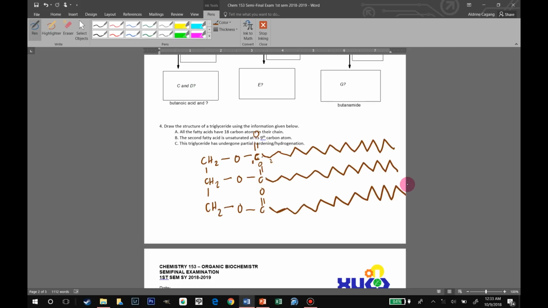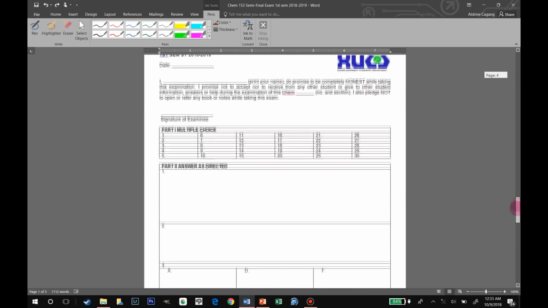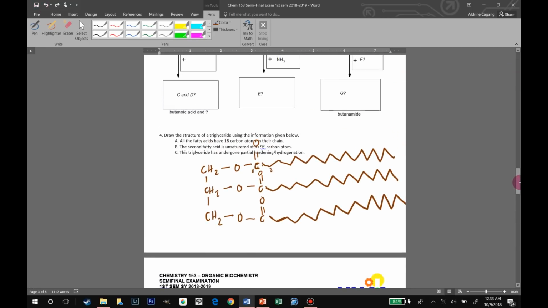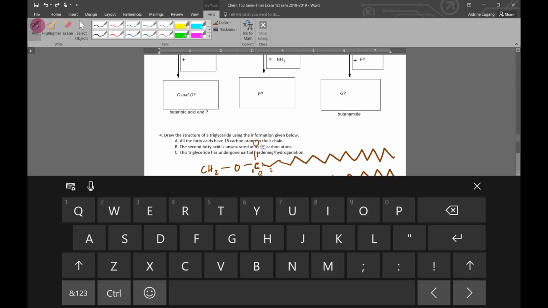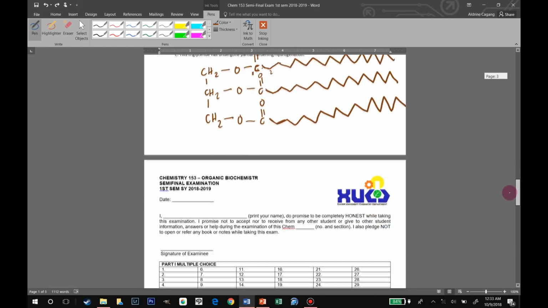Okay, letter B, the second fatty acid, the middle one here. The second fatty acid is unsaturated at its 9th carbon atom, meaning to say that there is a double bond at carbon number 9. So let's look for carbon number 9.